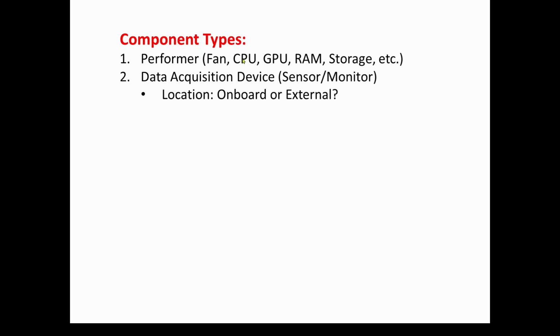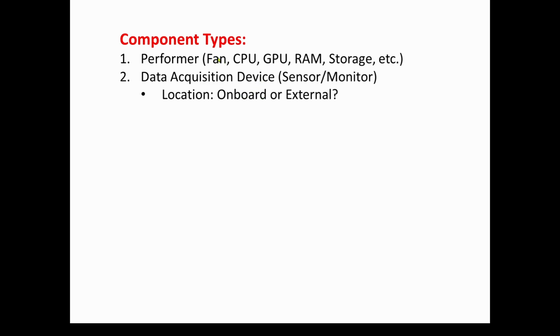And we're also going to have to consider, well, where is that device? Is it on board? For example, with a GPU, is the data acquisition device on the GPU? If you ever looked at a GPU, you know it's got a lot of stuff on it. Maybe it's got built-in data acquisition devices, like with an NVIDIA GPU. Maybe there is a chip on there that monitors GPU performance and temperatures and fan speeds.